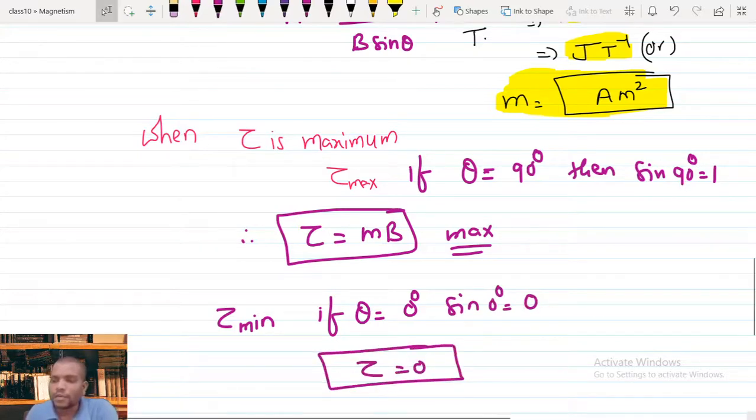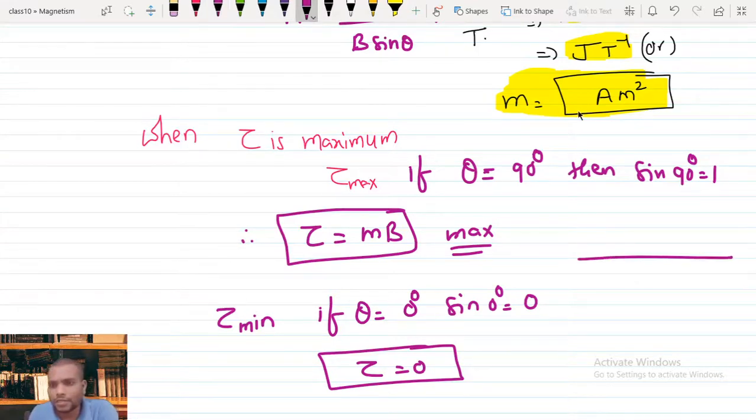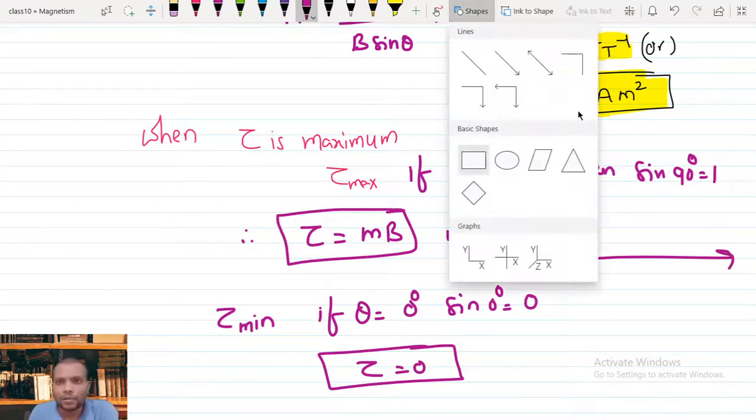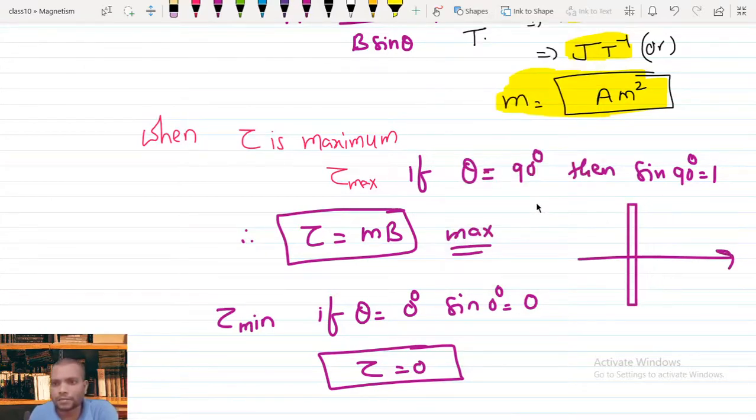It means if a magnet lies perpendicular in an external magnetic field, then more torque will act on that bar magnet. If I draw a diagram, if this is the magnetic field direction and we keep a bar magnet perpendicular, now on this bar magnet more torque will act, because the magnetic moment is perpendicular to the magnetic field.